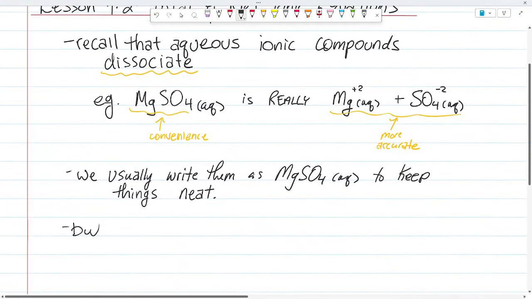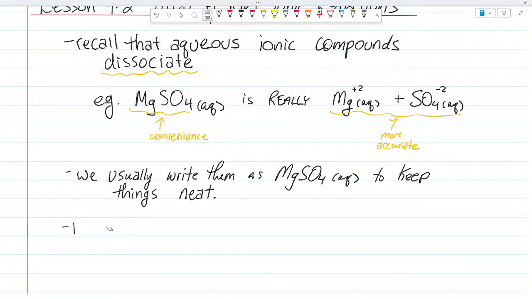But sometimes we want to write it as the separate ions because it can be helpful. So I'm going to say but, which of course you're not supposed to start a sentence with a conjunction, but that's okay. But sometimes it is helpful to write the ionic equations for reactions.